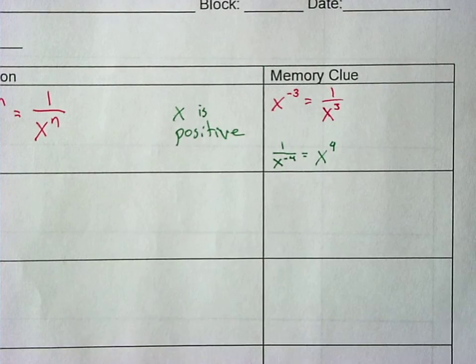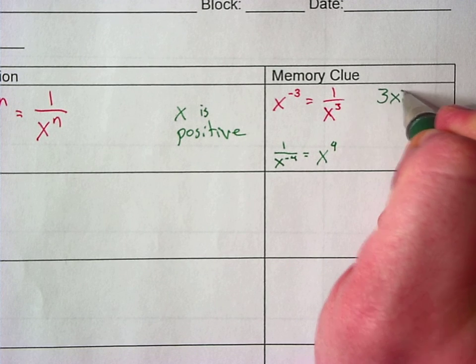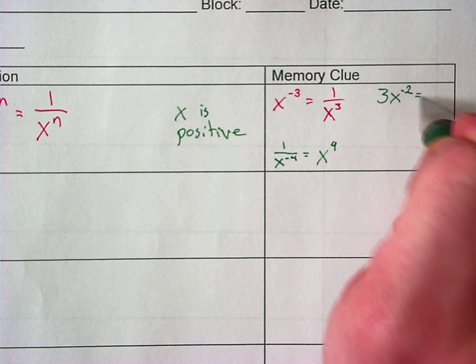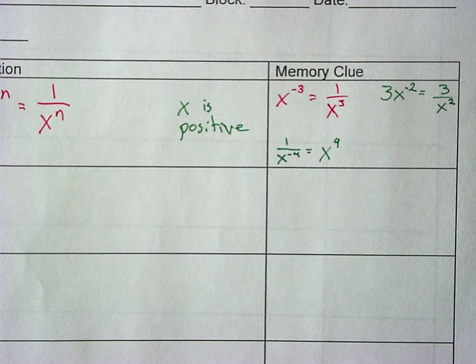We have 3x to the negative 2. Leave the 3 on top, removing the x squared. So I think we can go with those memory clues. So let's get that down. And we'll start our examples in a separate file whenever we're ready.